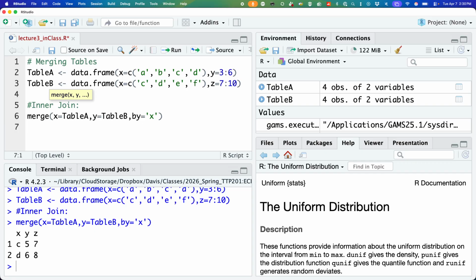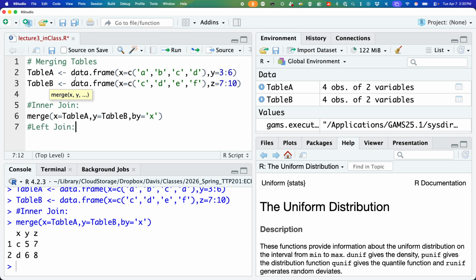If you see in the bottom left in the console what has been printed out, this is exactly what I specified, right? In column X, we have the values C and D, which occur in both tables, and then the values get populated for the corresponding columns.